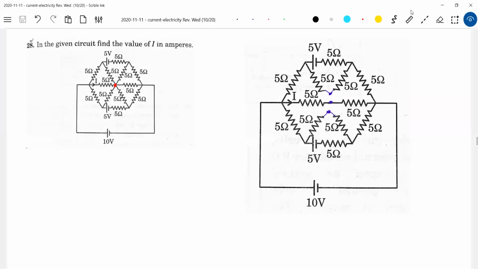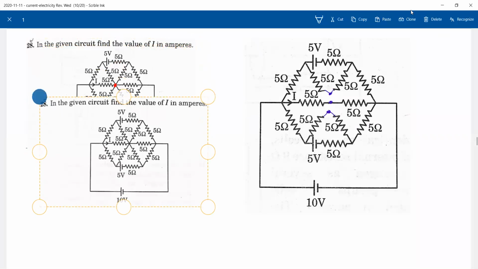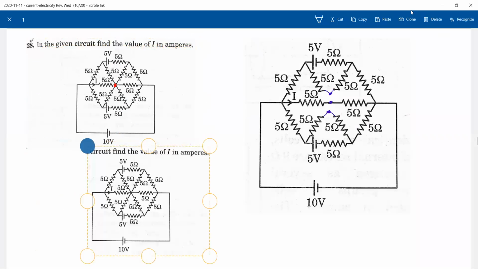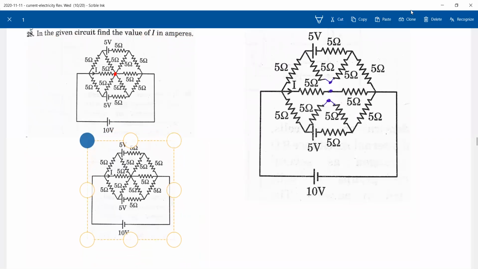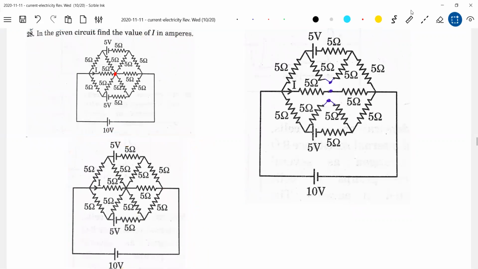Some other students may break up like this. What's wrong in thinking in a different way? Who is right, who is wrong?